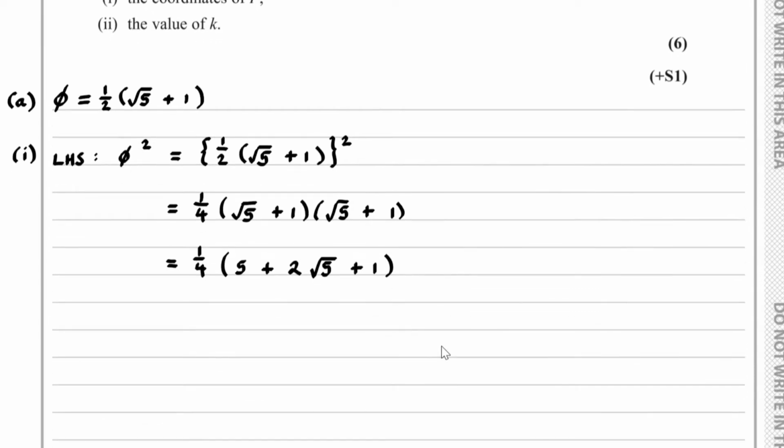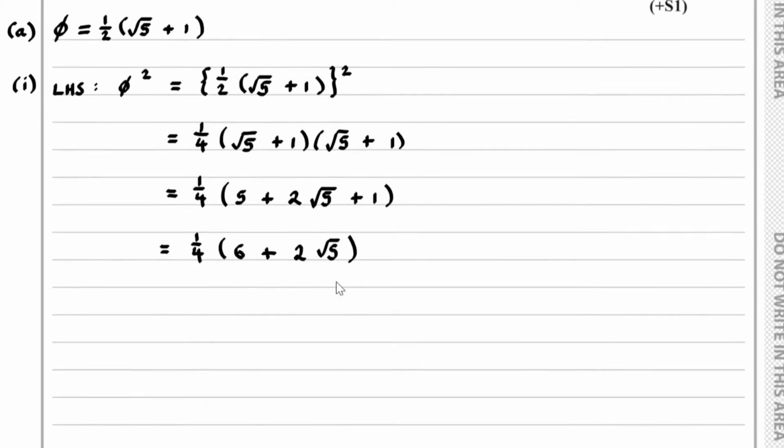So what we end up with over here then is 1/4 multiplied by 6 plus 2 root 5. And if I factorize out a 2, we have 1/2 times root 5 plus 3.